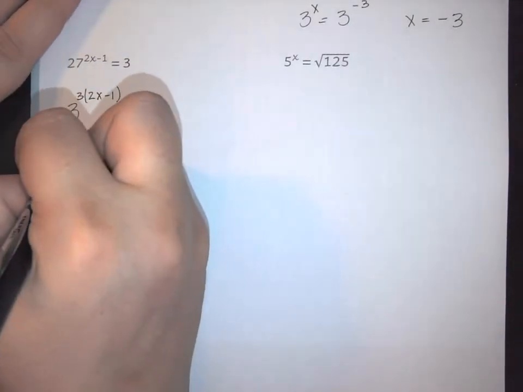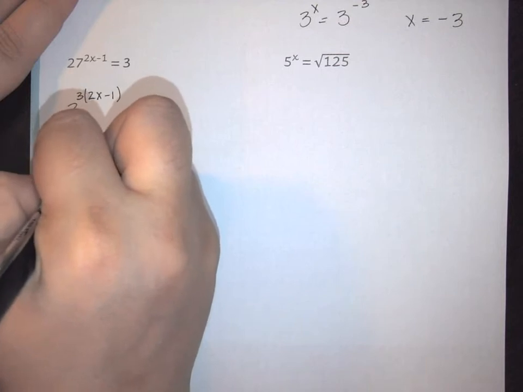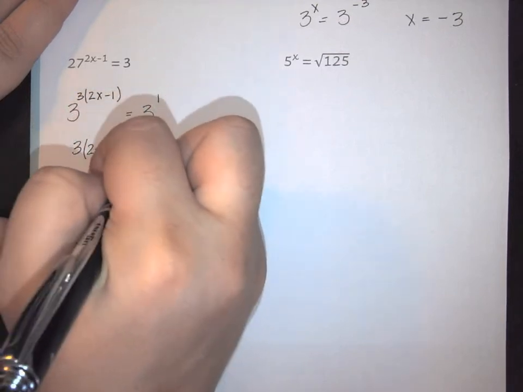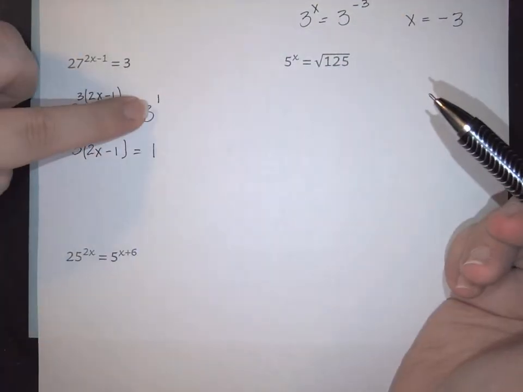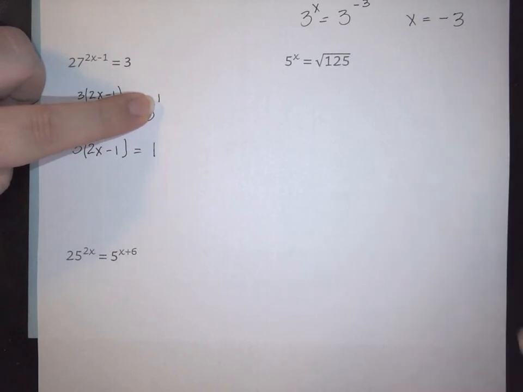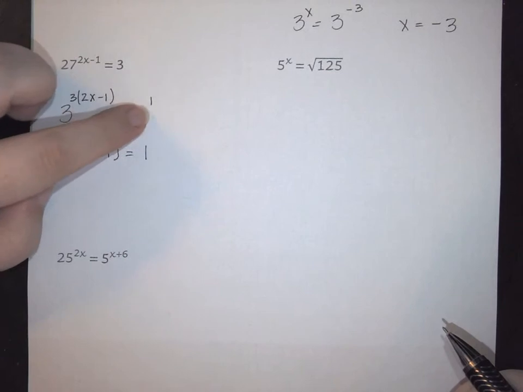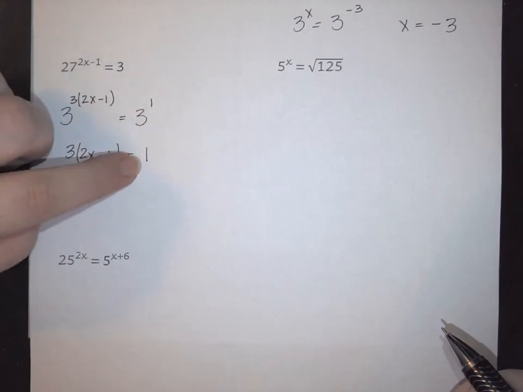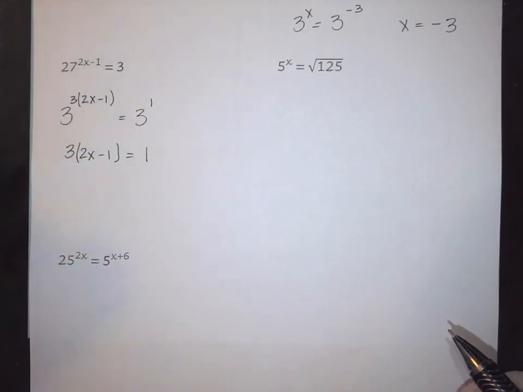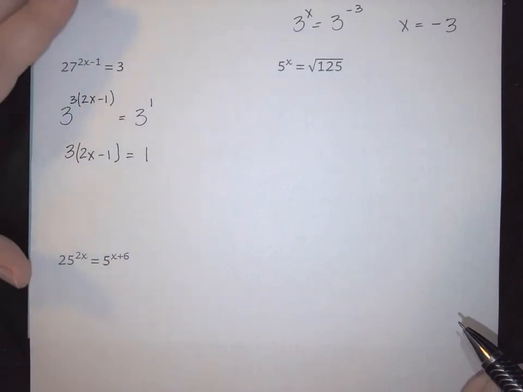The rule says my exponents have to equal each other. And so it's a good idea to put this 1 here just for the rule. I've seen it happen a lot of times with students that if we forget to put this power of 1, we set this equal to 0, and that's a totally different problem than what we have here.